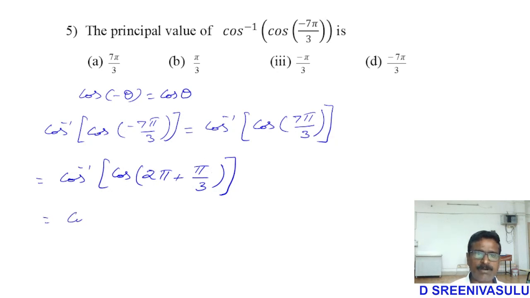This is equal to cos inverse cos of 360 plus theta, which is cos theta, so cos pi by 3. This is equal to pi by 3, because the principal value of cos inverse lies between 0 and pi. The correct option is B.